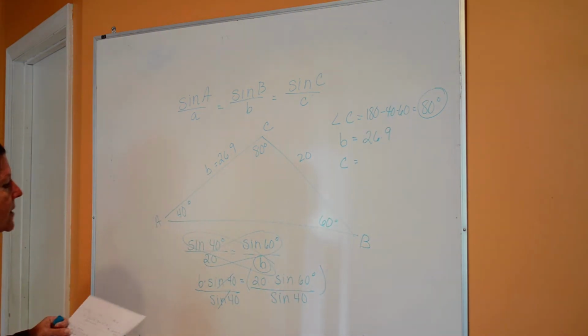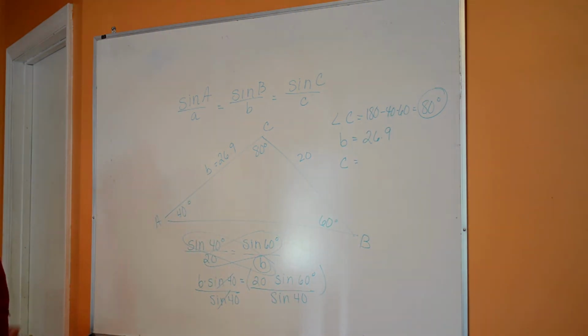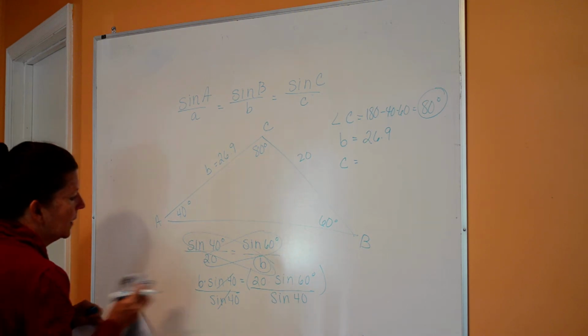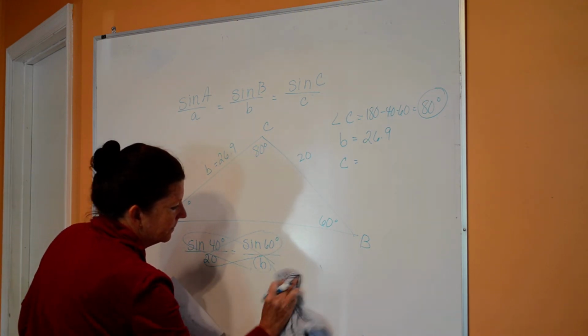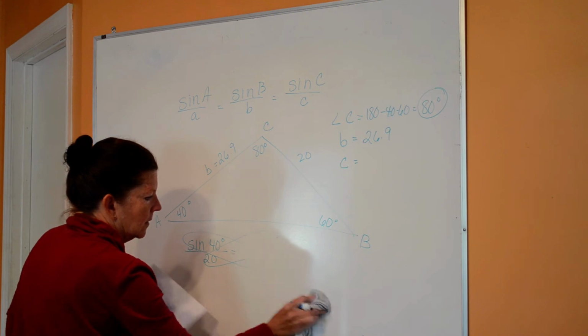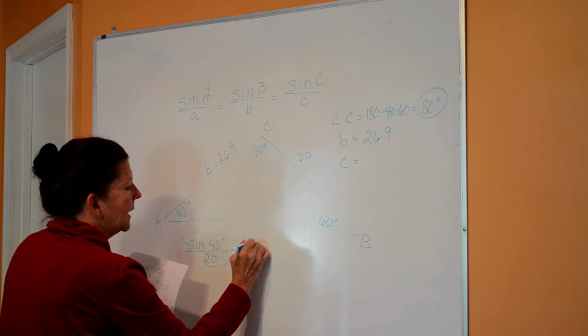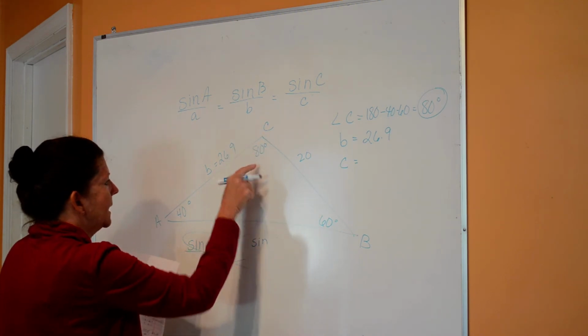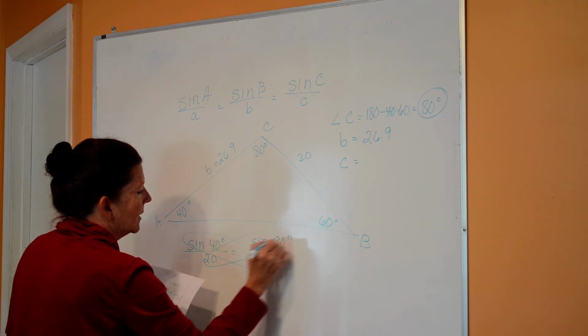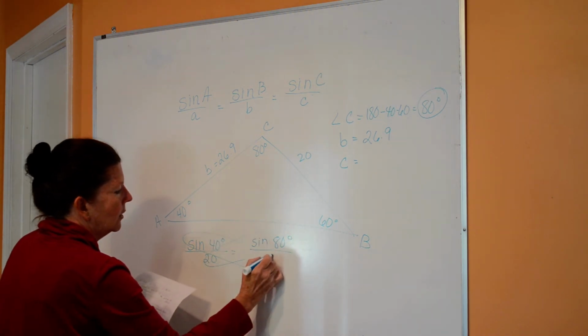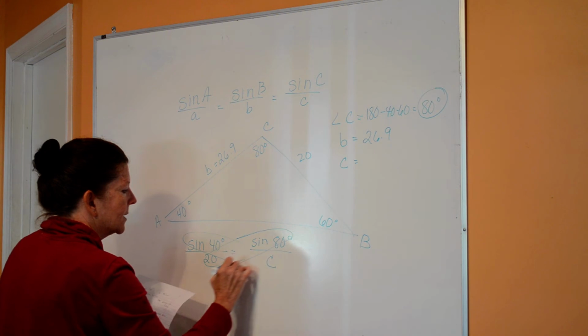And then I'm going to do the same thing for solving for my c. But this time, I'm going to do the sine of my C, which is 80. So the sine of 80 over little c. And again, I'm going to cross product.